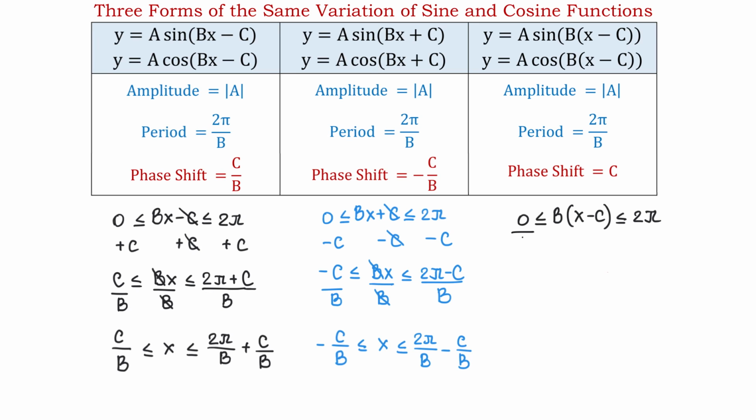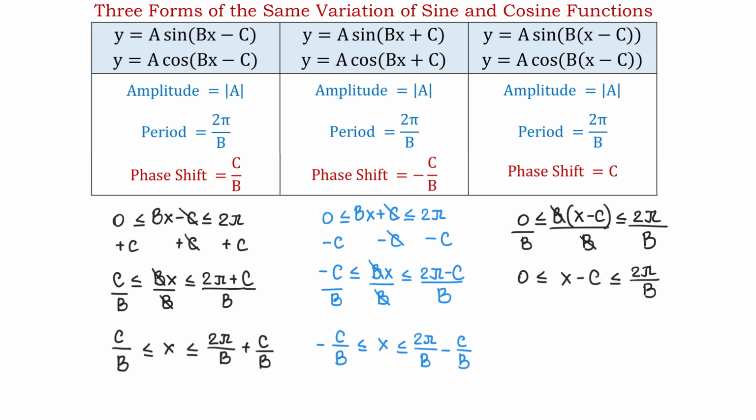So we will have 0 divided by b, then b times x minus c divided by b, then 2 pi divided by b. Then to the left we will have 0. In the middle, b and b will cancel, and we will have x minus c. And to the right, we will have 2 pi over b.